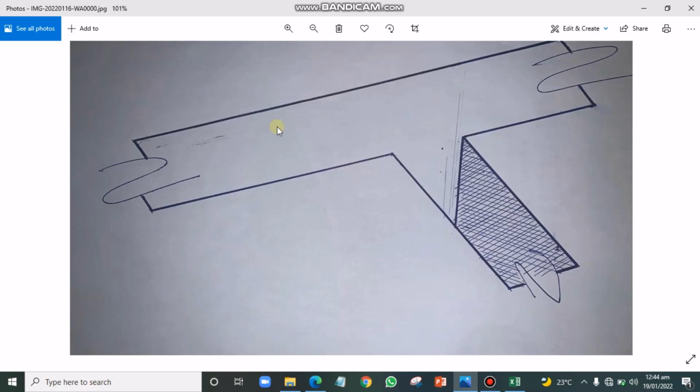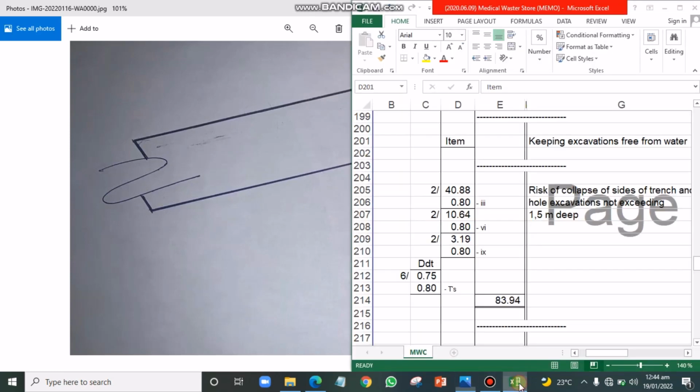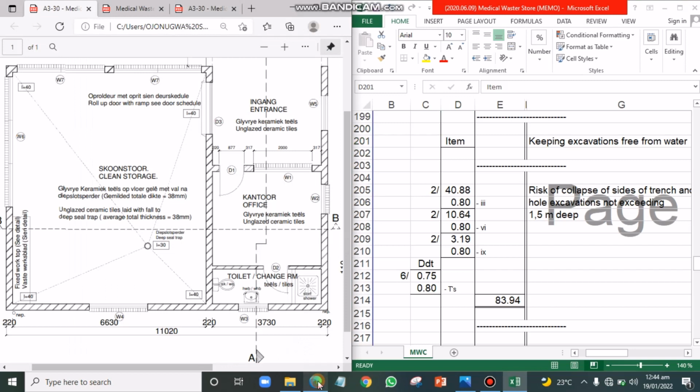I promise to be more explanatory with illustrations in my subsequent videos when I'm done with my examination. But because this is an urgent video, I just made only this illustration. So you would have the wood at this side of the trench and at the second side. The same thing here, you have the wood here and here. That is the reason why we are having those by 2 in this case.